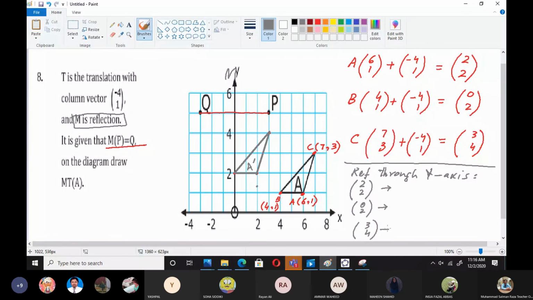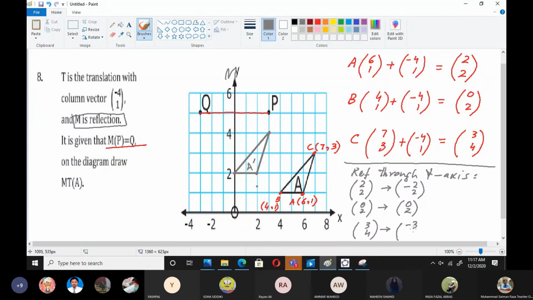Reflection through the y-axis means leave y, make x negative. So minus 2 and 2. And this is going to be minus 0 and 2, or 0 and 2? Someone said zero. Bhaijan, there is no such number as minus 0. 0 is a 0. So 0, comma 2 remains the same.